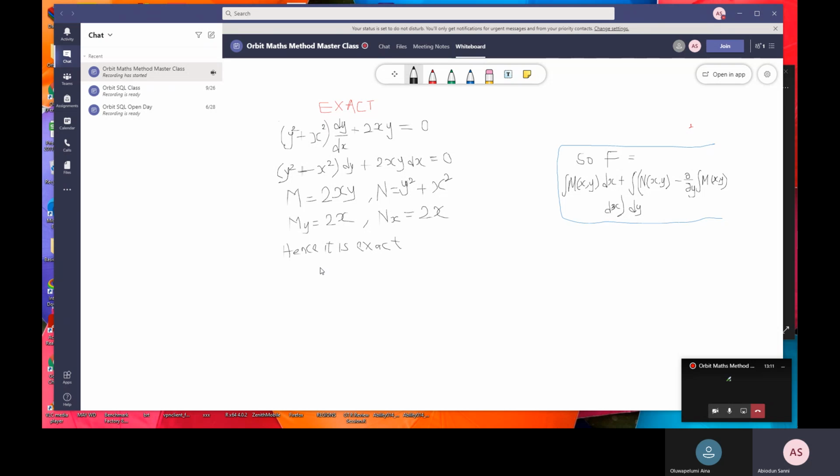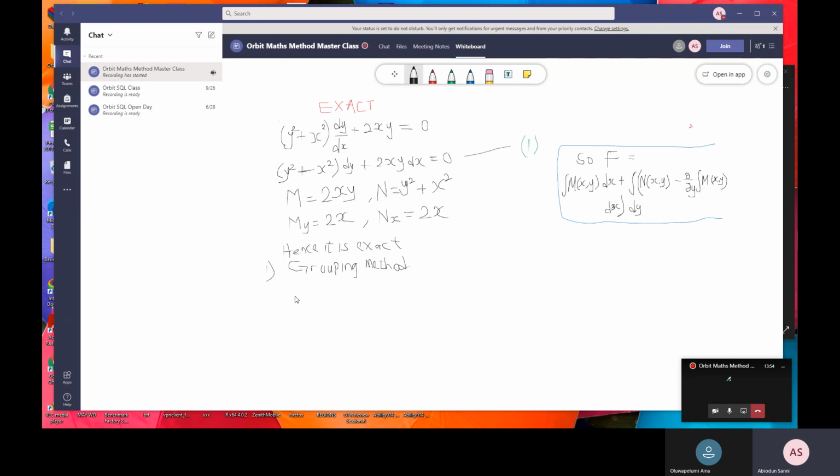So hence it is exact. Using the grouping method to solve our problem, I'm going to come to this particular place and expand this part.